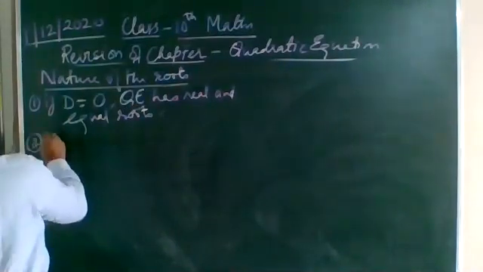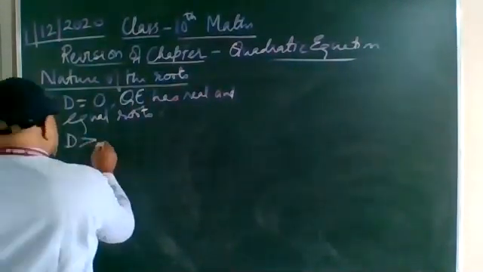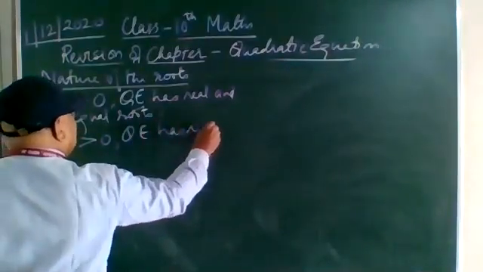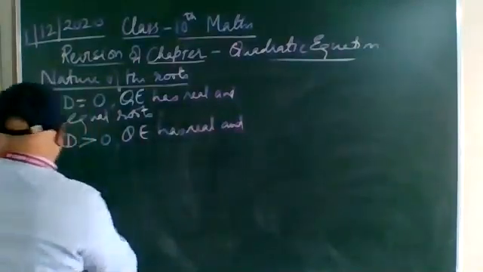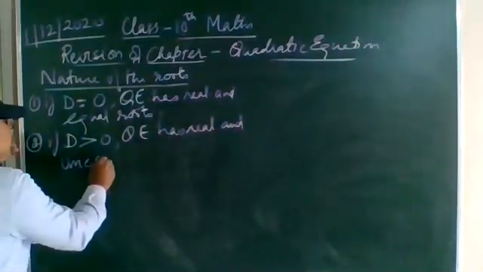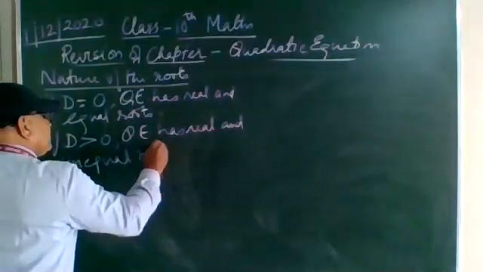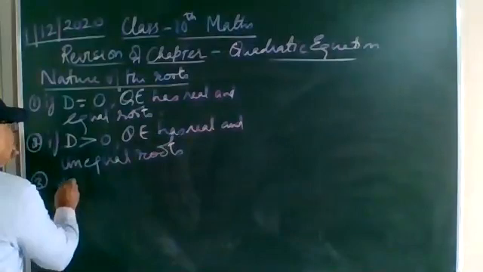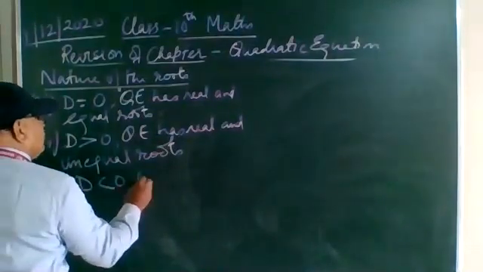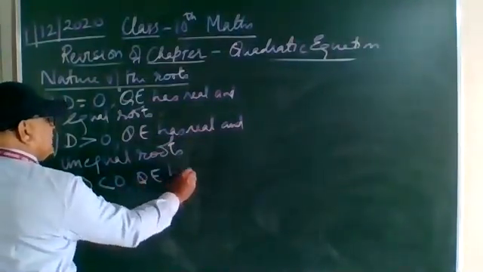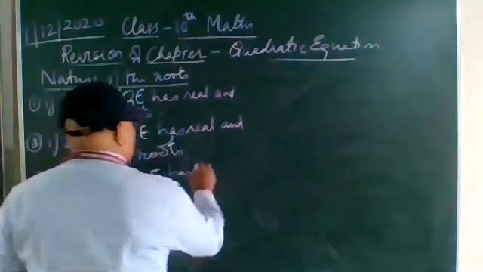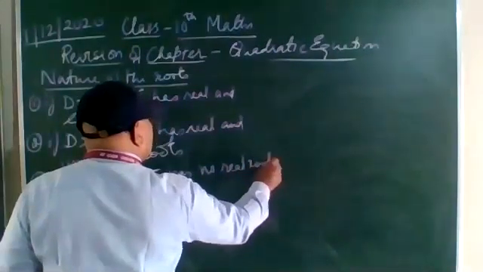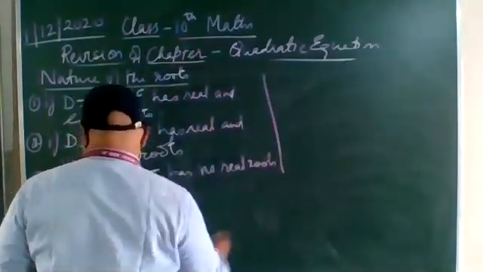Second, if D greater than 0, the quadratic equation has real and unequal roots. Third, if D less than 0, the quadratic equation has no real roots. This condition you have to remember.